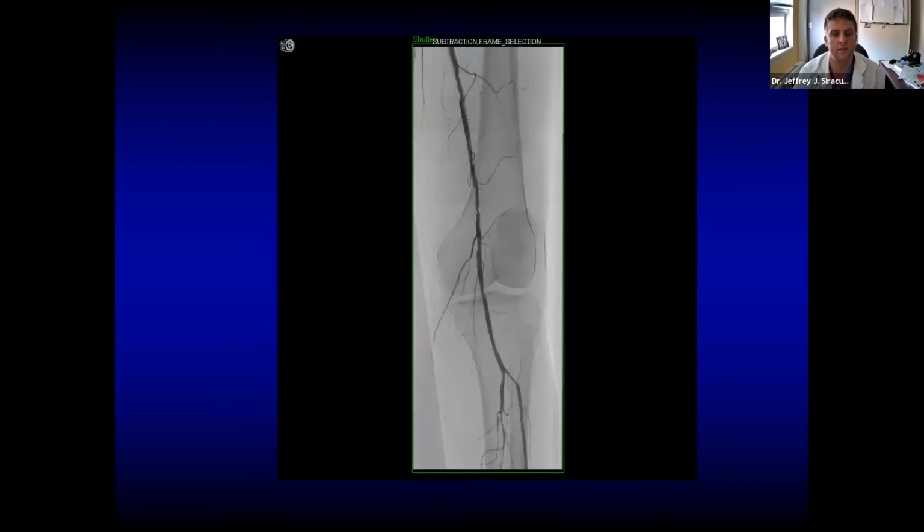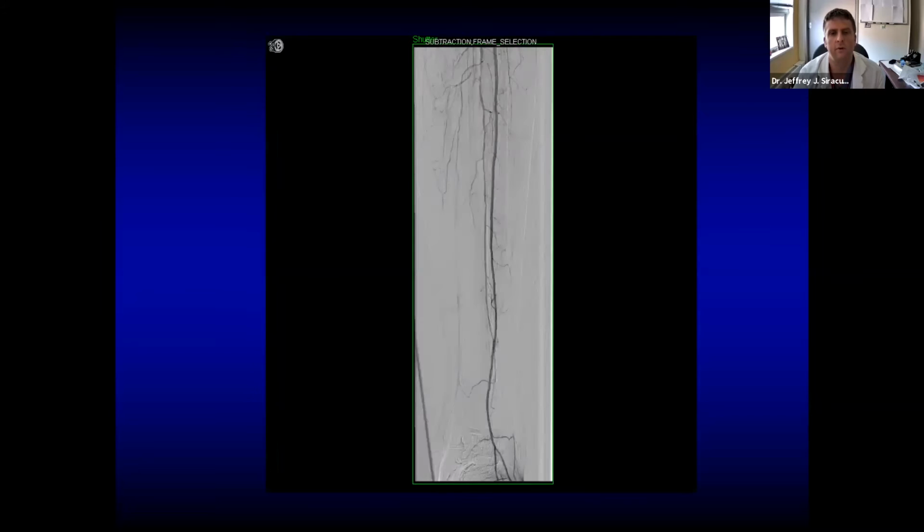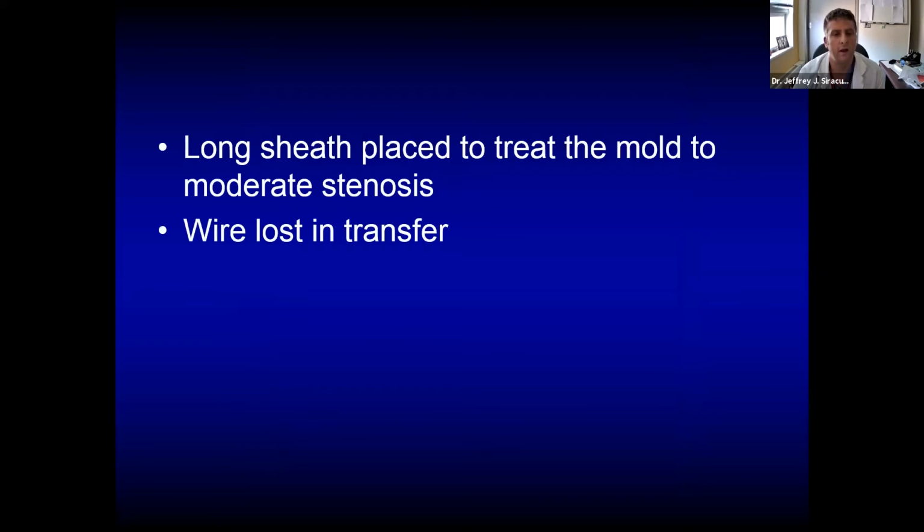During attempts to cross this area here, the wire came back after crossing the lesion, while catheters were being transferred. At this point, the angiogram showed an occlusion. You can see the knee joint is here, I'm pointing with my arrows.